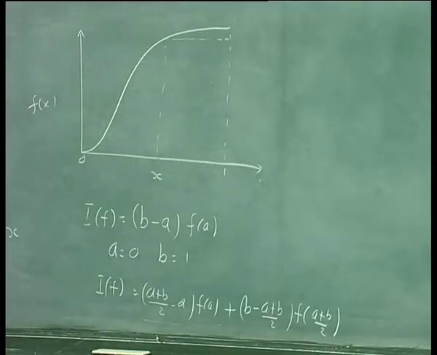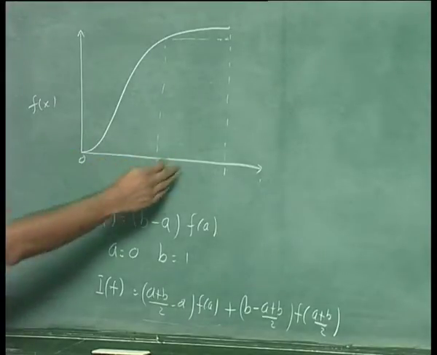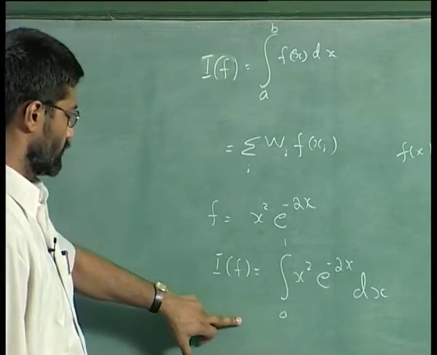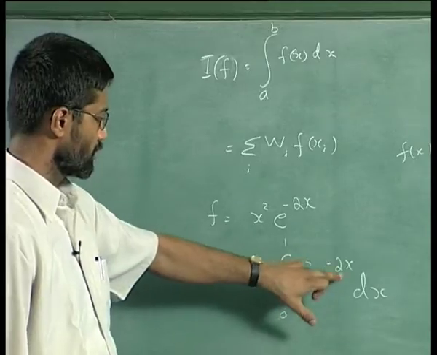That is what we are going to look at. We look at how many intervals we need to get a realistic answer to this integral. That is, I of f is the integral from 0 to 1 of x squared e to the power of minus x dx.